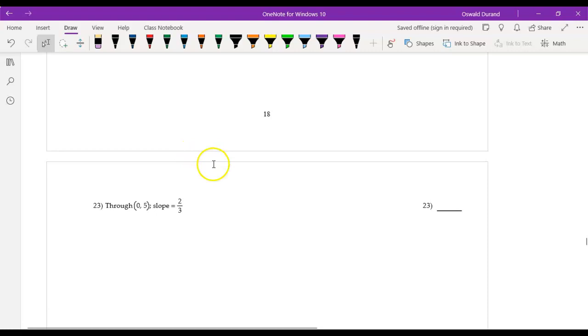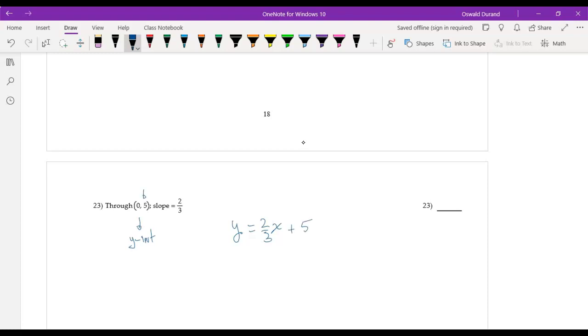Okay. This one should be easy, right? Because now you have the slope. Perfect. And now they're giving you the point (0, 5). You have to recognize that (0, 5) is what? A y-intercept. So all you have to do here is say, okay, y equal to 2/3, that's m, x, and then the 5 here is what b is, right?